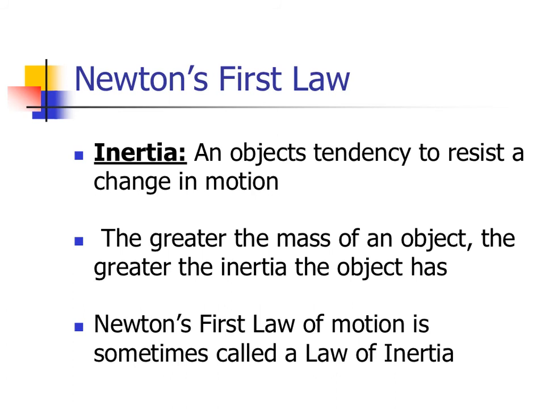That's what we call inertia, the mass that the object has. That's why in football, you want more massive players so that they have more inertia when hitting the other player.